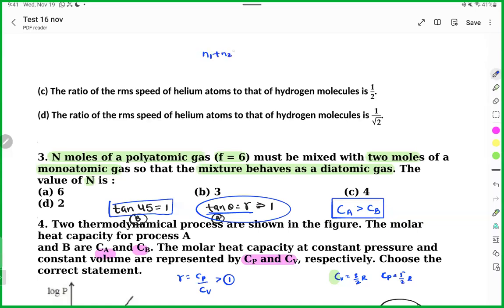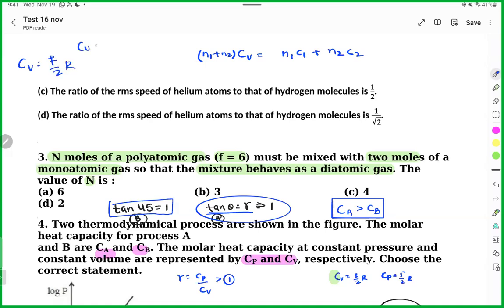Number of moles total and heat capacity total is equal to number of moles of 1, heat capacity of 1, number of moles of 2, heat capacity of 2. We did like that. Here, number of moles will be present in the same form. You know, CV is written in the form of F by 2R.